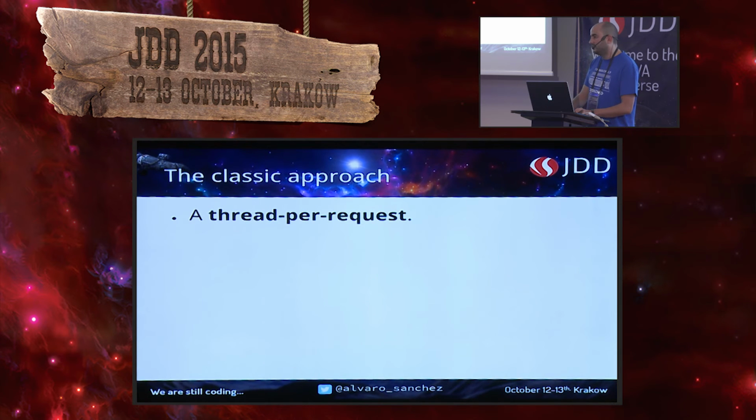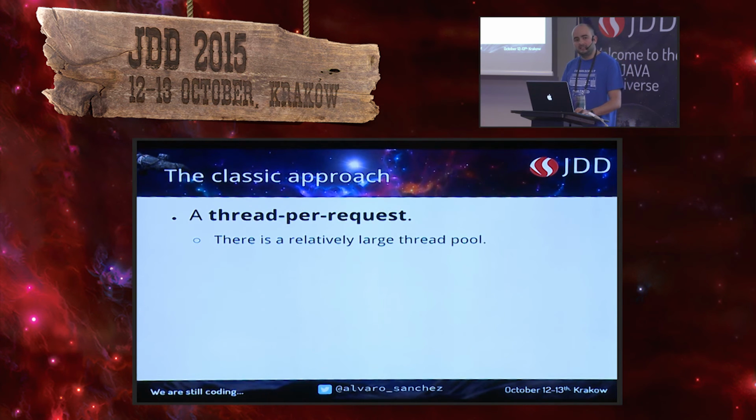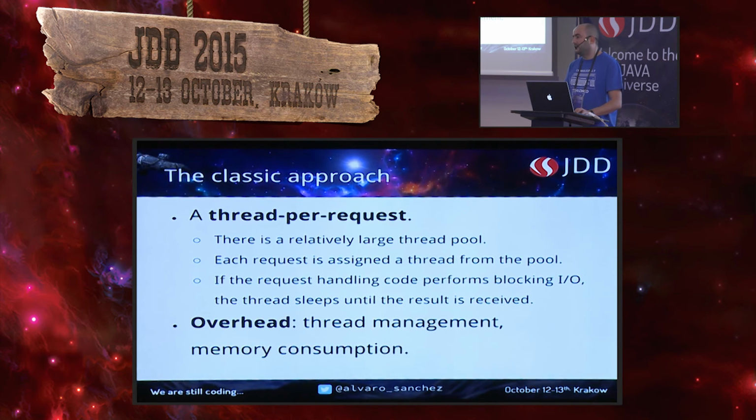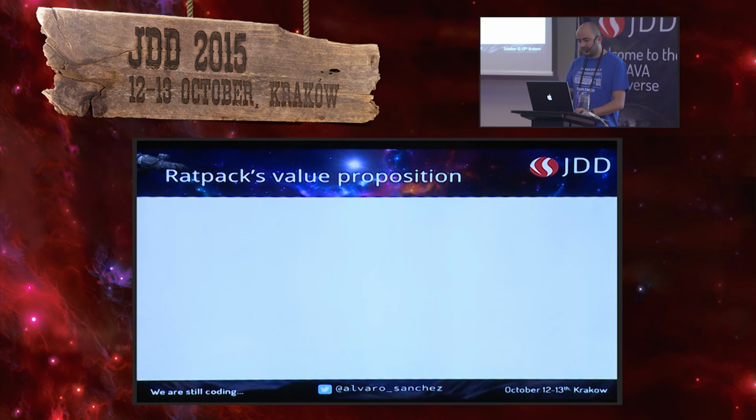The problem comes when your code is blocking, then the thread will get blocked as well. For such case, applications need a relatively large thread pool. So there is an overhead here because we need to manage threads. The threads obviously are consuming memory and everything.